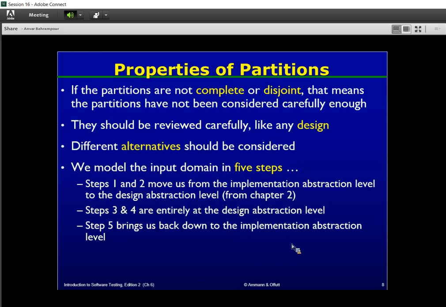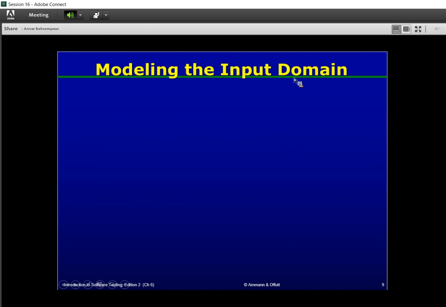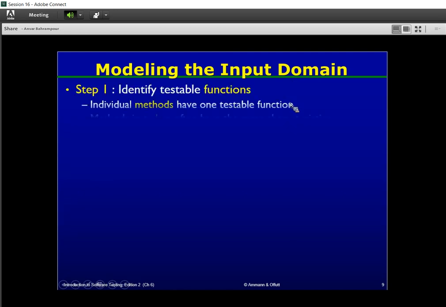So we talked about the properties of partitions, and I think there is nothing more necessary to talk about. We have identified in the previous lecture 5 steps in ISP, or input space partitioning, or domain modeling.